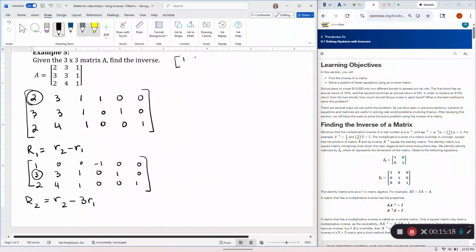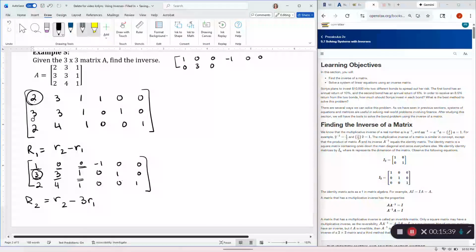1, 0, 0, 0, 0. All right. 3 minus 3, 3 minus 0, 1 minus 0.